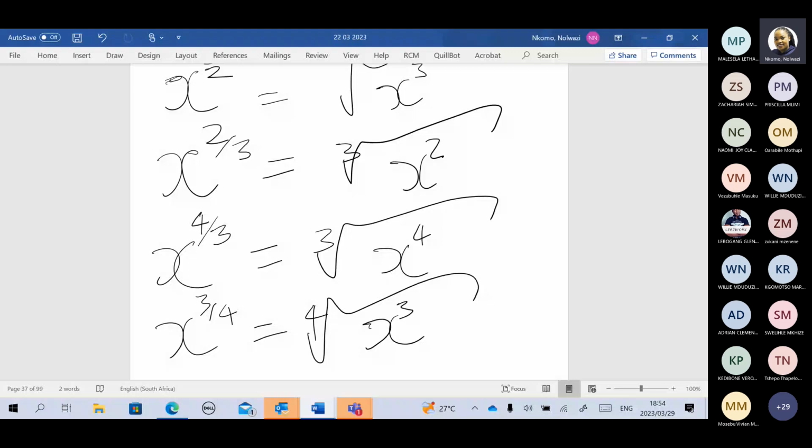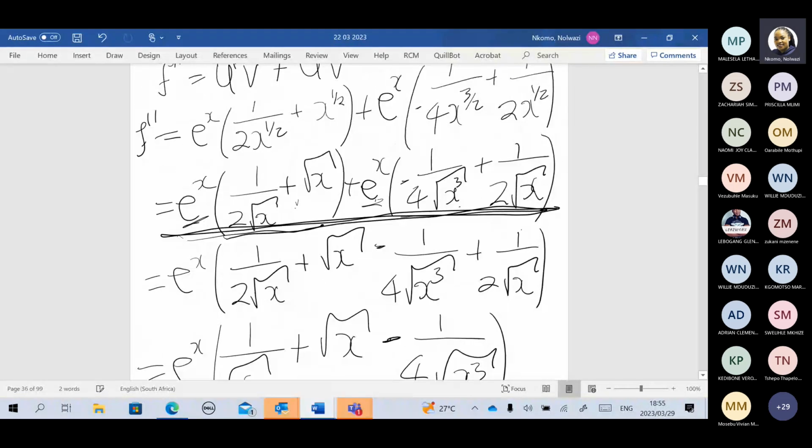So you can write this as e to the power x times a plus b. Okay, let me go back there. We have e to the power x this bracket plus e to the power x this bracket, meaning e to the power x is the common factor of these two terms.